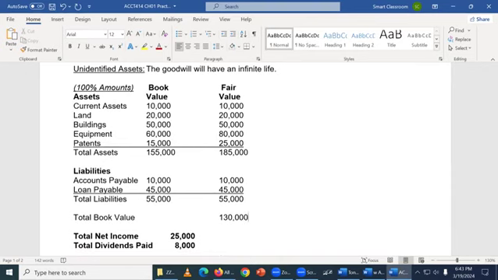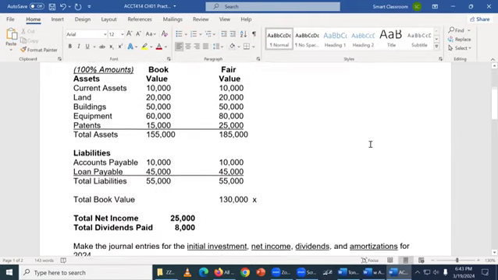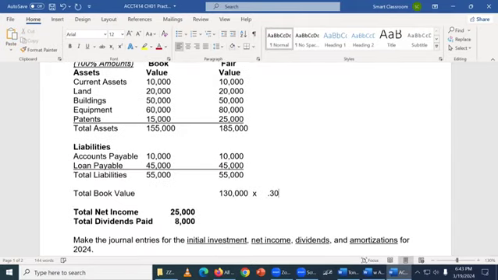Okay, so what would be the book value of our investment? Times 30%. The book value of our investment is, well, whatever that is. Would you say it was 39,000? I'd better use the calculator.